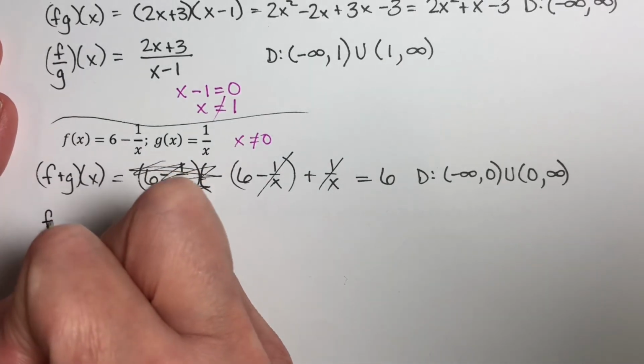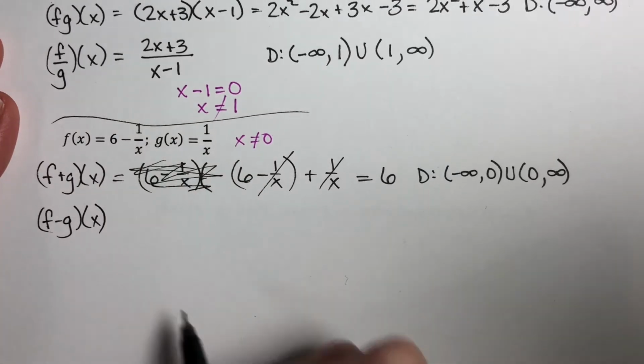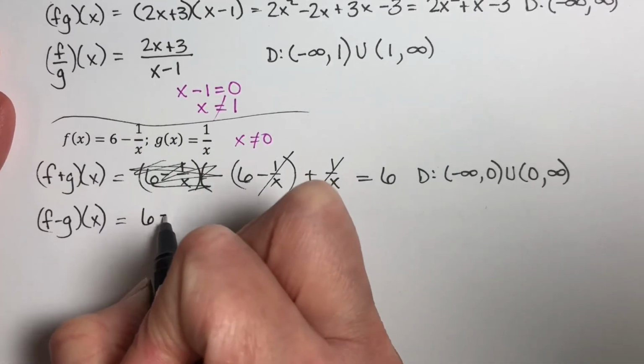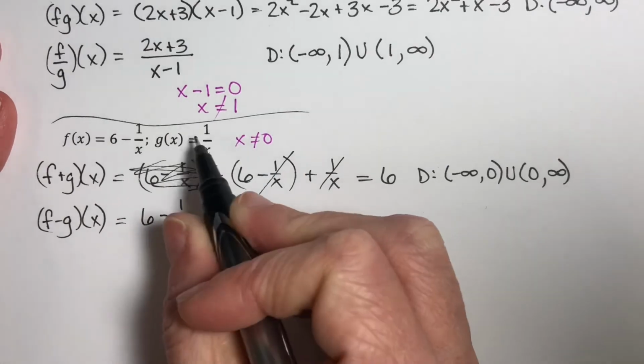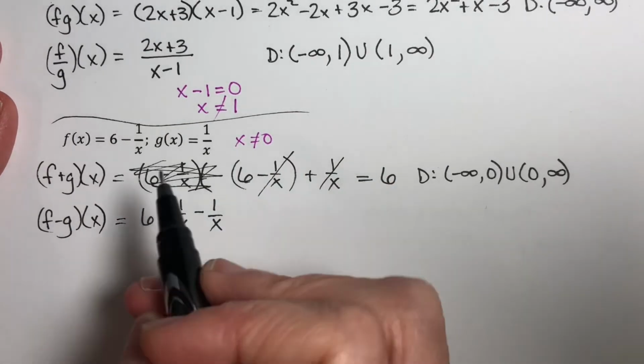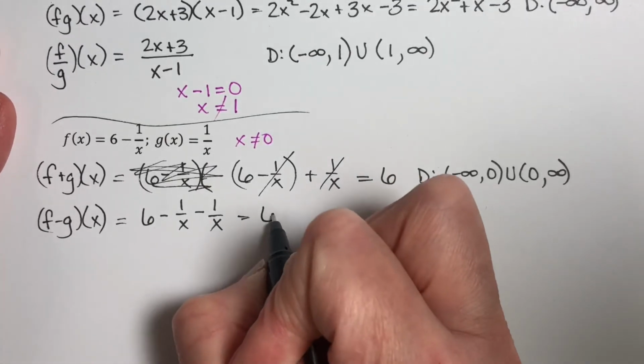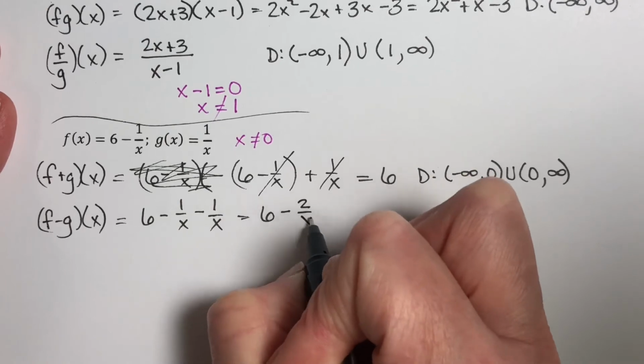Now let's do f minus g of x. So this is f, which is 6 minus 1 over x. And now I'm going to subtract g of x, which is minus 1 over x. Now we have a common denominator here, so I can subtract across the top. I get 6 minus 2 over x.